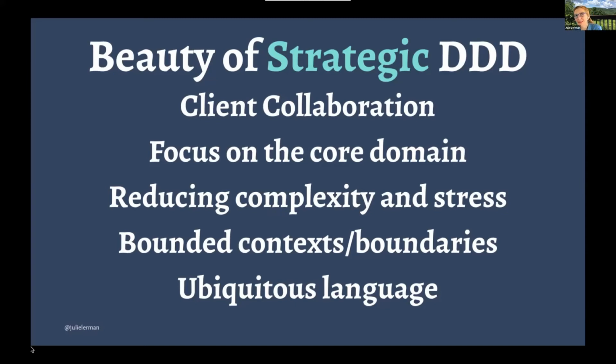So we probably shouldn't spend our time writing another credit card processing system, because we can just connect to one. Let's not waste our time on that. So that's a really important part of strategic design, getting an understanding of what the different parts are, and which you should focus on and which you should have less focus on, or no focus on, just call an API. For me, reducing complexity and stress, right?